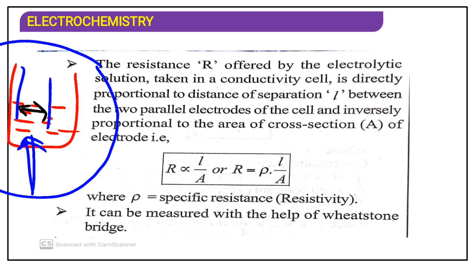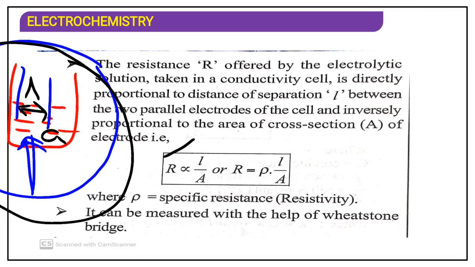This electrolytic solution has some area of cross section, and the electrode separation is some length L. So resistance is directly proportional to the length and inversely proportional to the area of cross section.